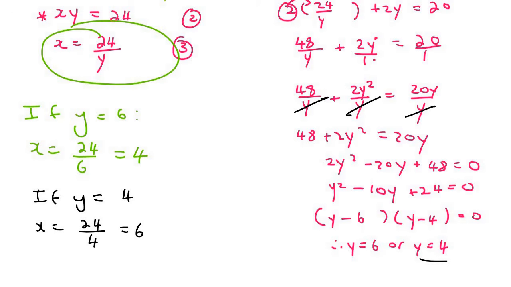So our final answers will be x equals 4 and y equals 6. That could be your answer for this rectangle. Or x could be equal to 6 and y would be equal to 4.